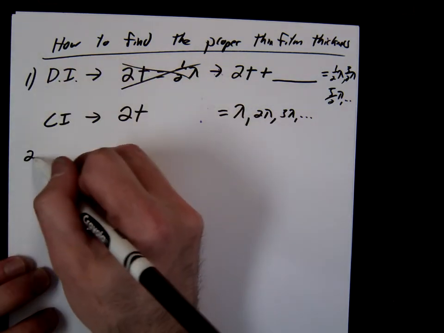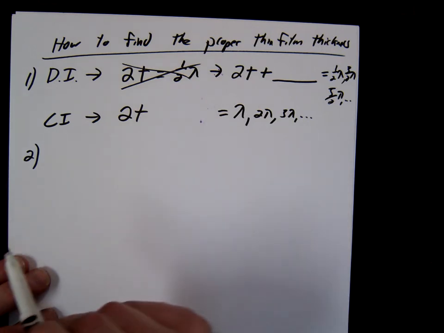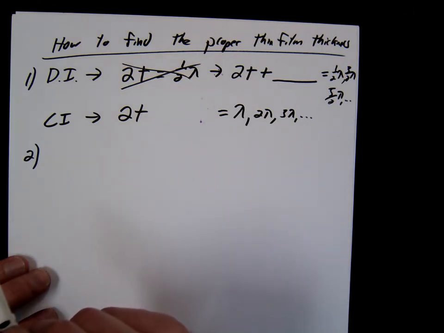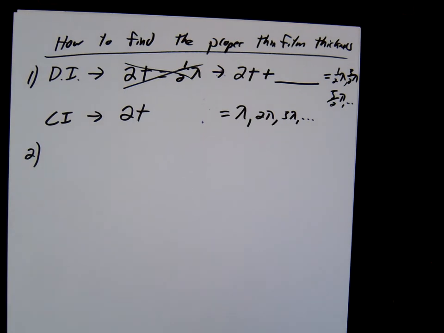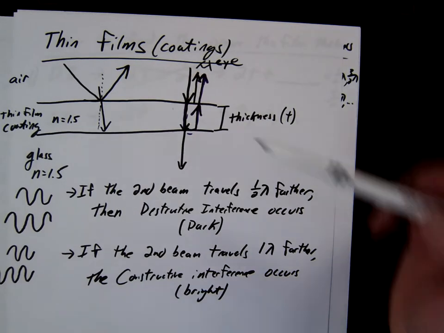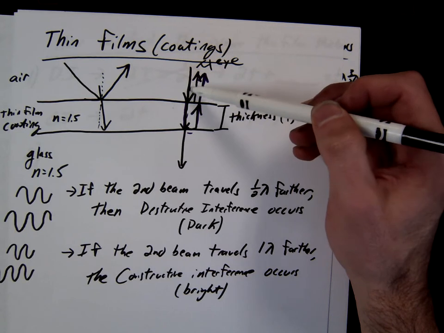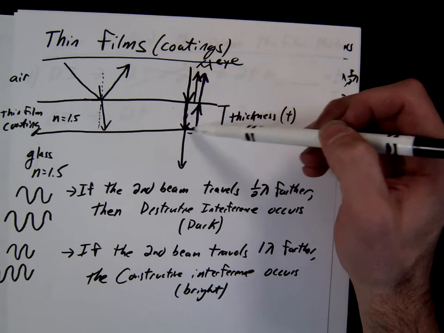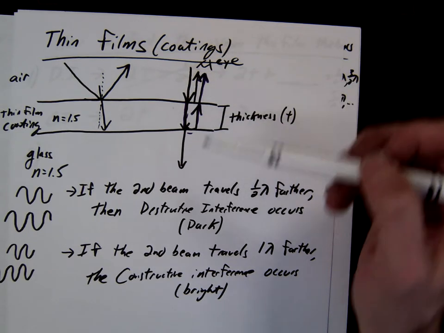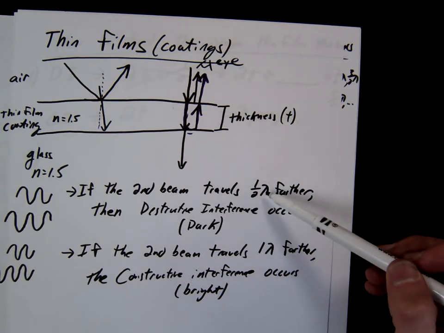Okay, step 2. I don't understand the t's. t is the thickness. So remember I said we have the black one going like this, and you have the purple one going like this. To get destructive interference, you want the second beam to travel 1/2 of a wavelength farther.